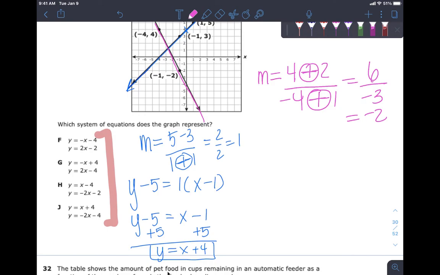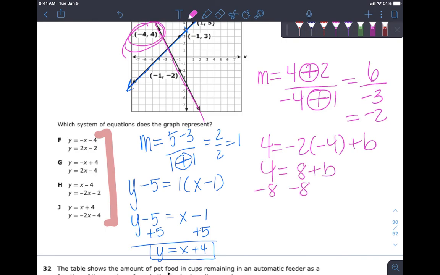Now I'm going to pick one of those 2 points. I'll pick this guy because it's got at least one positive. So I'll say y equals negative 2 into negative 4 plus b. And I'm going to solve for it. Here I have my b value. Now I have to put it back together.